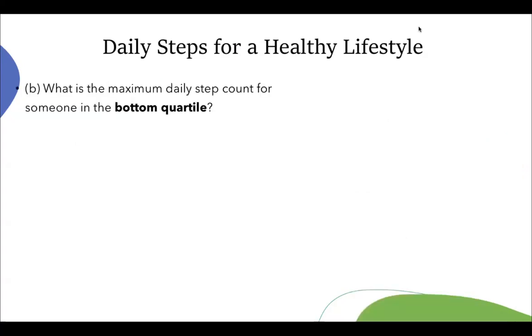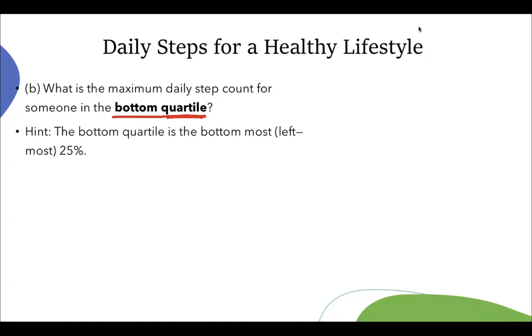Okay, let's look at the maximum daily step count for the bottom quartile. Remember that when we use the word quartile, we can think of that as the same thing as percentiles in multiples of 25. So a quartile is 25%, and the bottom quartile is basically the bottom 25%. So we are finding the bottommost or leftmost 25%.